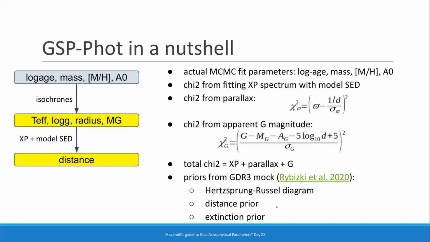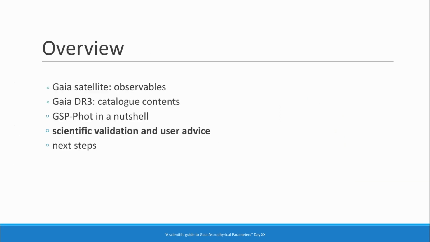So essentially telling GSPPhot, okay, if you're a star at that distance, that distance is so and so likely a priori. You should have a priori this kind of extinction and this kind of Hertzsprung-Russell diagram at this distance and this apparent magnitude. Okay. Now, this is how GSPPhot works.